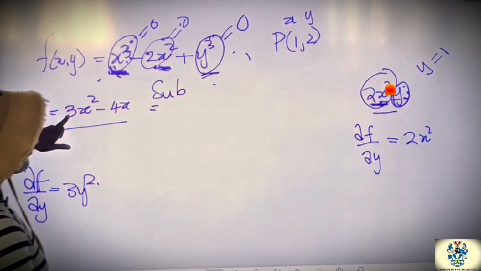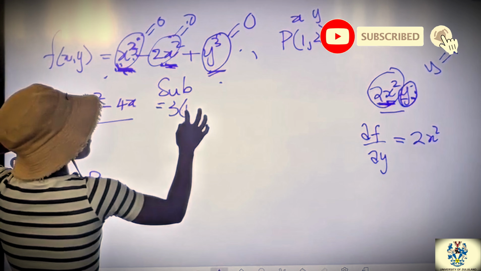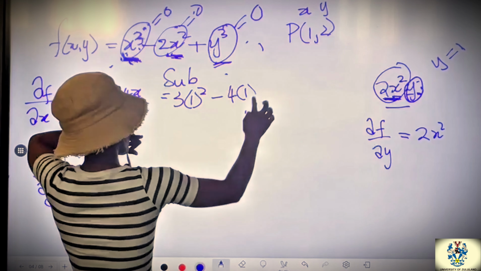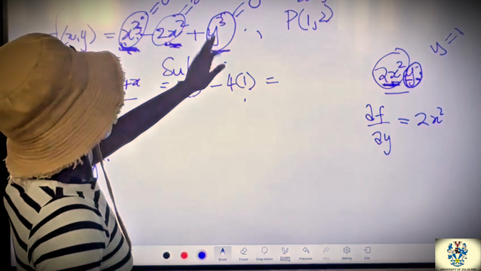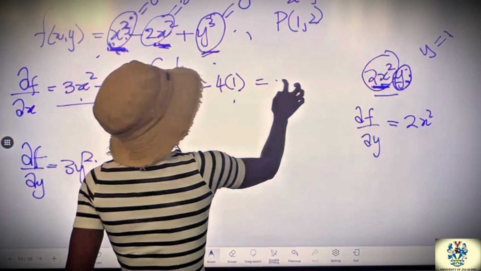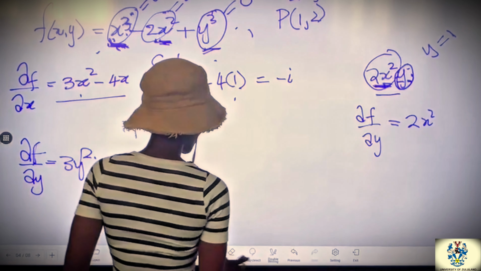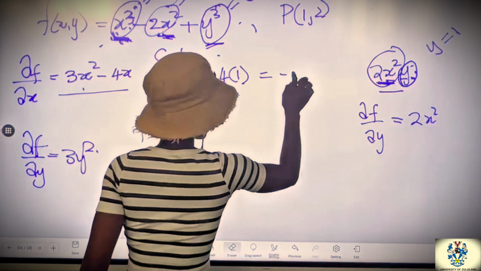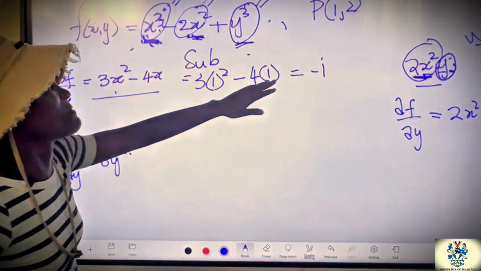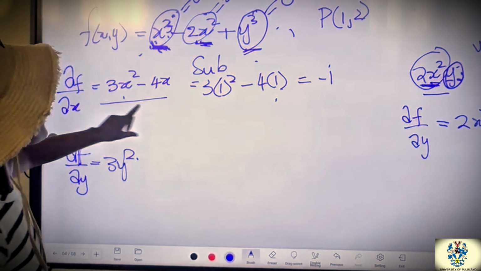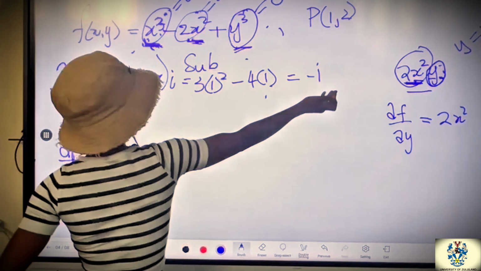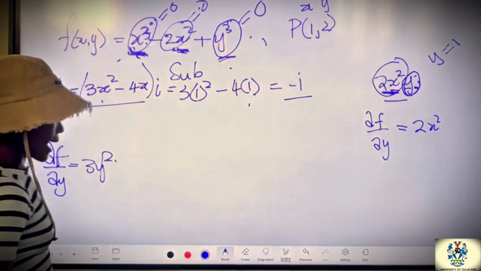Substituting, it's going to be 3 times 1 squared minus 4 times 1. 1 squared is 1, then 3 times 1 is 3, minus 4 times 1 is 4. So this is going to be negative 1. Mind you, this has to do with the direction, so it's negative i.